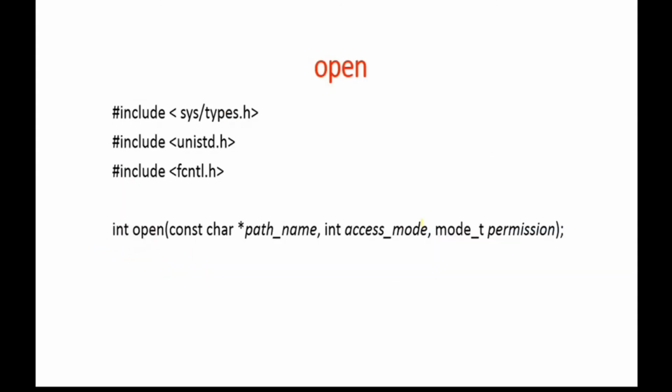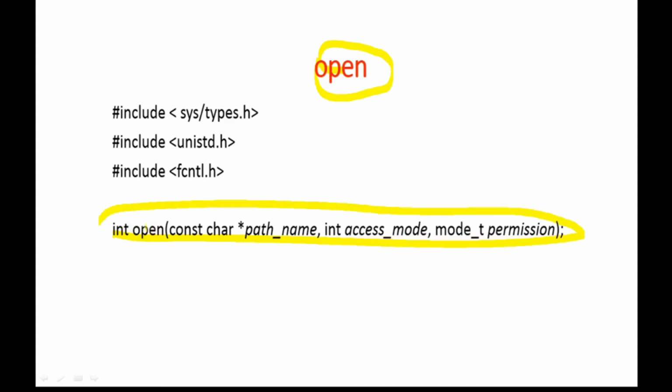Then first we will see the open. Already we have seen that open is there, which will be used to open the file. Okay, so this is the syntax for using the open system call. Open is going to return an integer value. Then open is going to take a character constant, the path name where the file is present. The path name might be in the absolute form or the relative form.